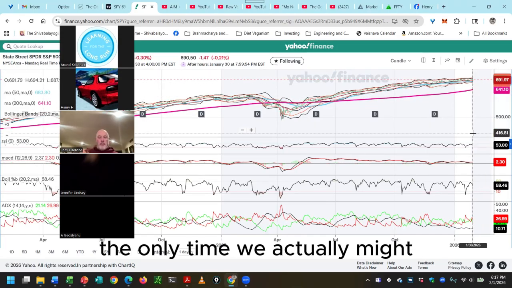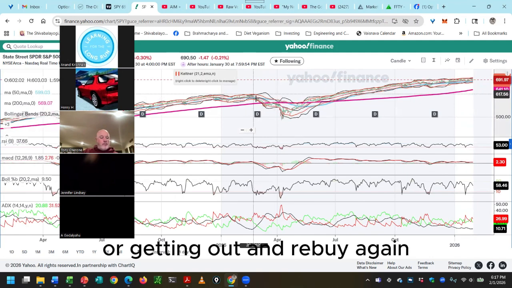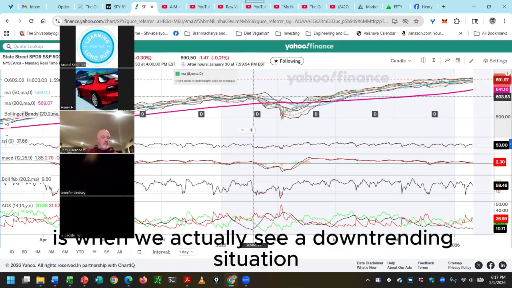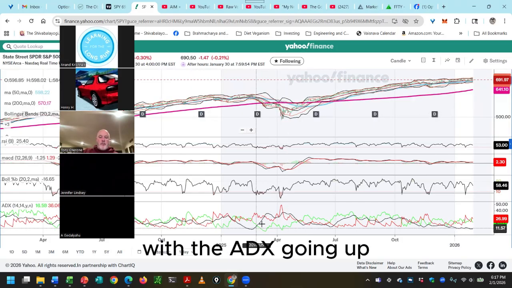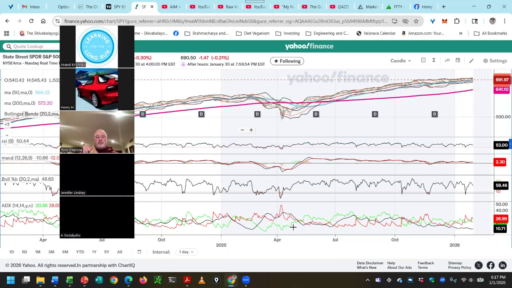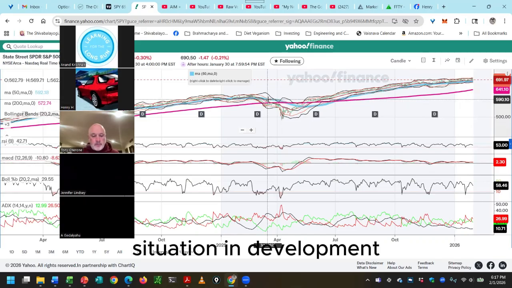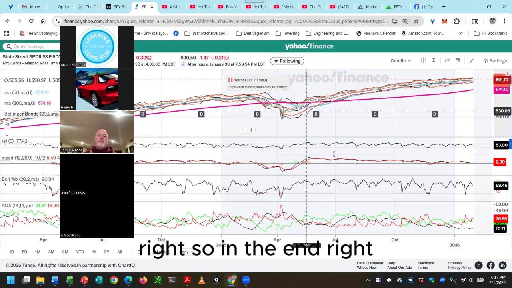The only time we might consider holding it longer, or getting out and rebuying again, is when we actually see a downtrending situation with the ADX going up and the moving averages crossing over to the downside, indicating that this is a more serious situation in development.